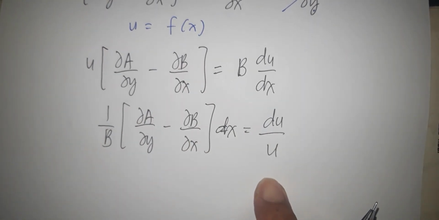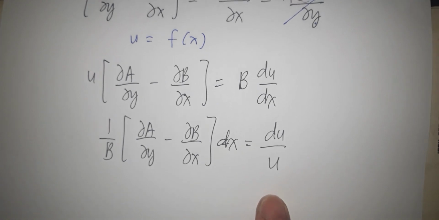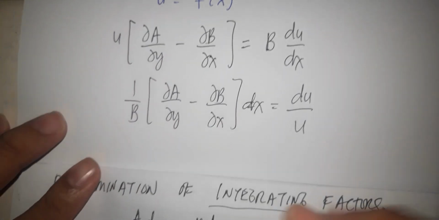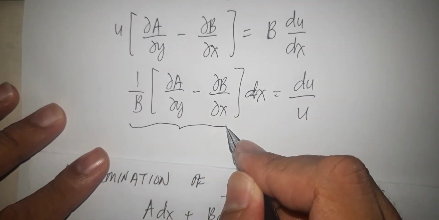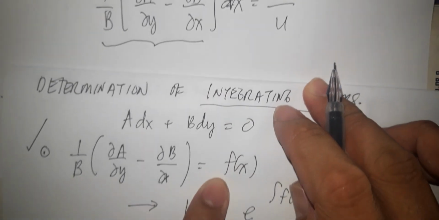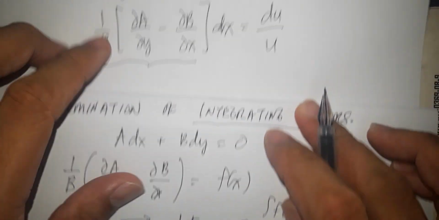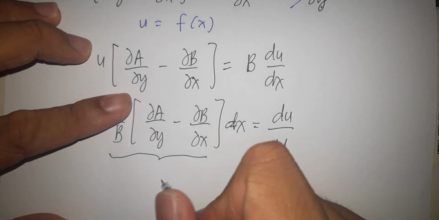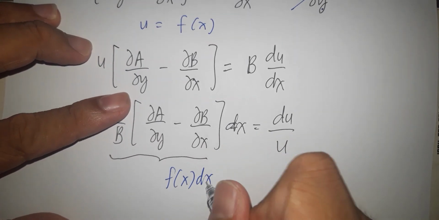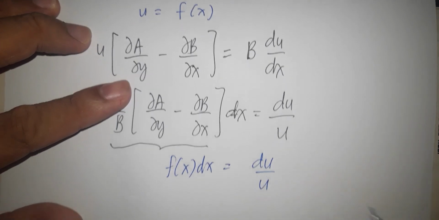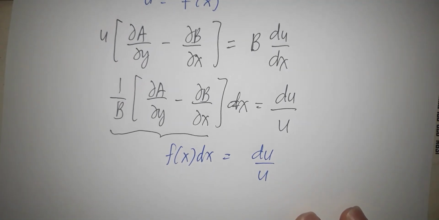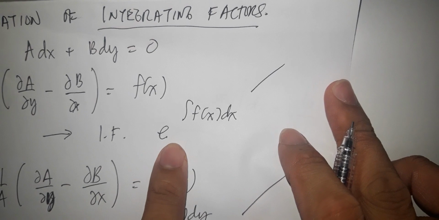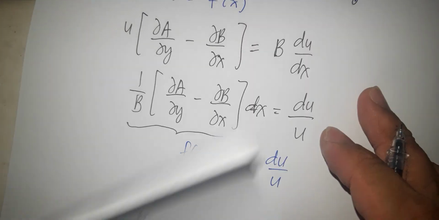At di ba sabi natin kanina, na kapag ang 1 over B becomes a purely function of x, if that's a purely function of x dx, then our integrating factor must be e raised to integral of f of x dx.